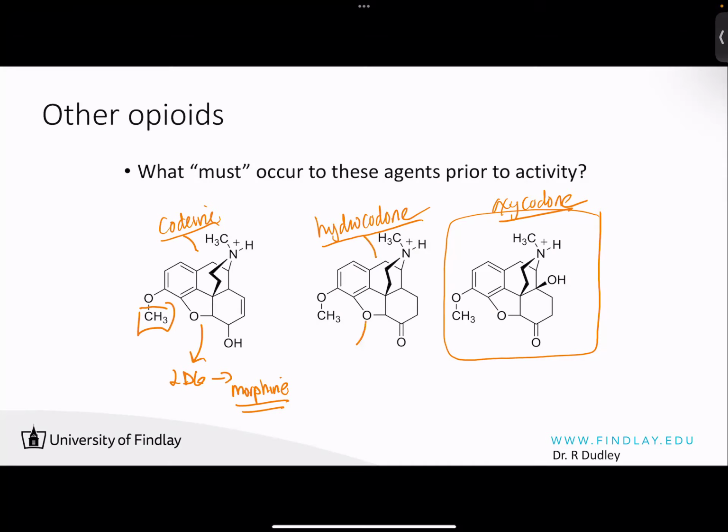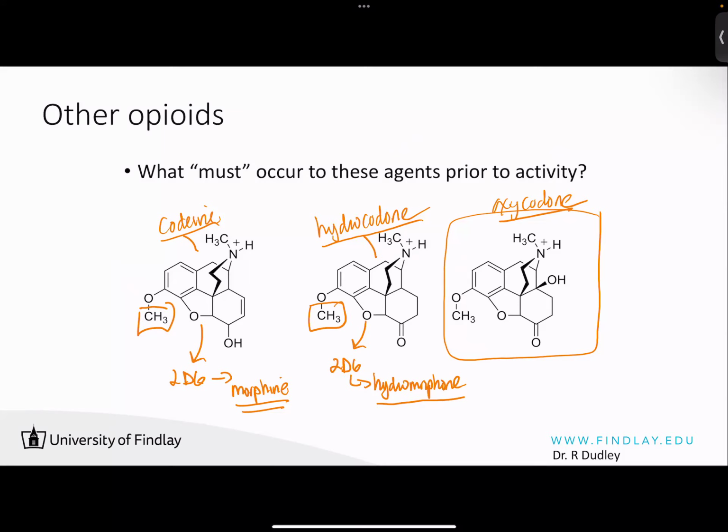Hydrocodone, after it gets metabolized by CYP2D6, generates hydromorphone. 2D6 will remove that methyl group from hydrocodone to make hydromorphone.